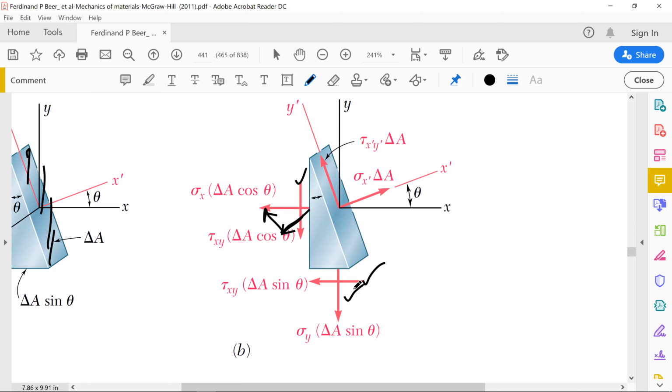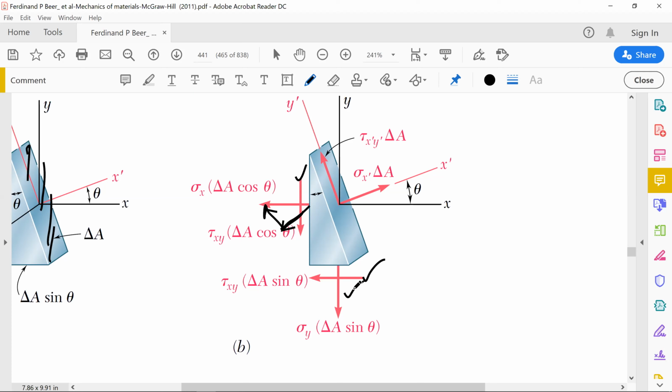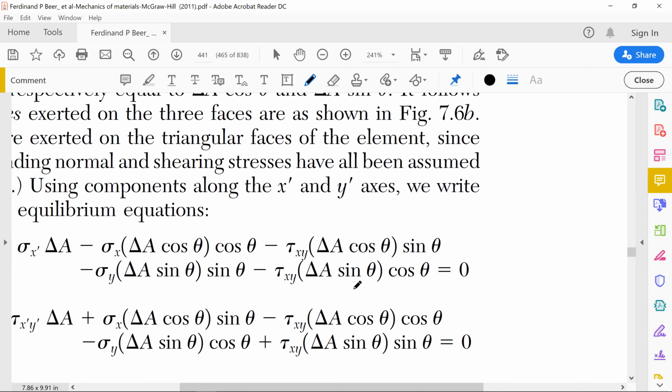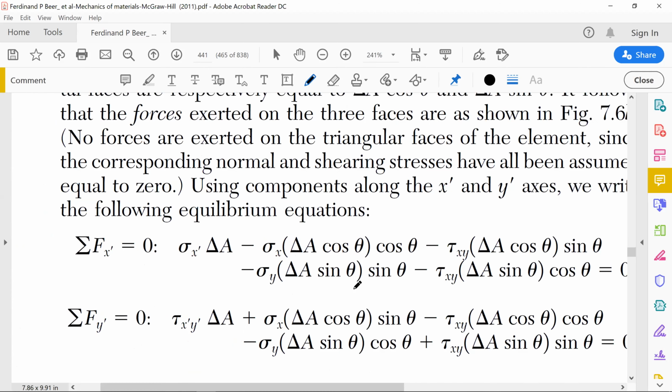And then we will make the sum of all the forces along the x-axis equal to 0 and the sum of all the forces along the y-axis equal to 0, along the x plane, the x prime plane and the y prime plane. That is the new plane. So you can go for that.